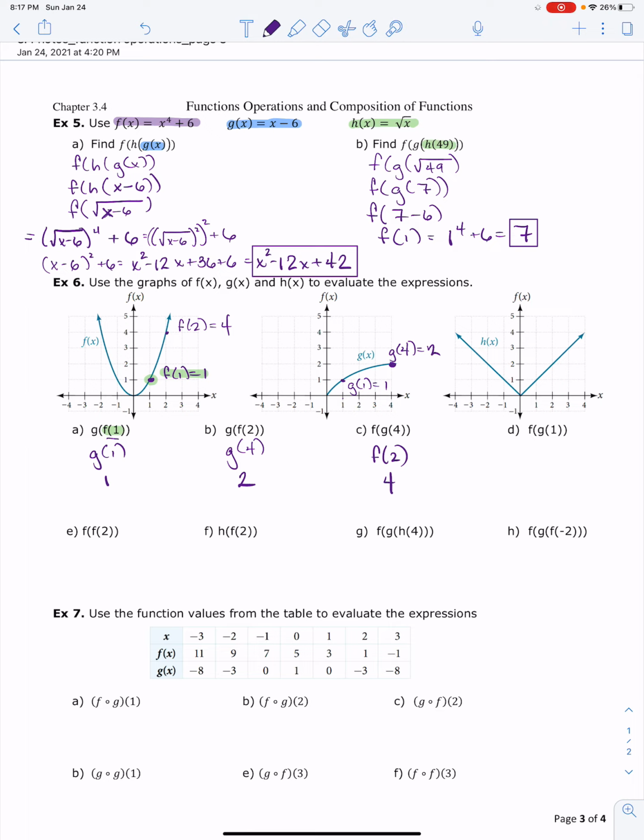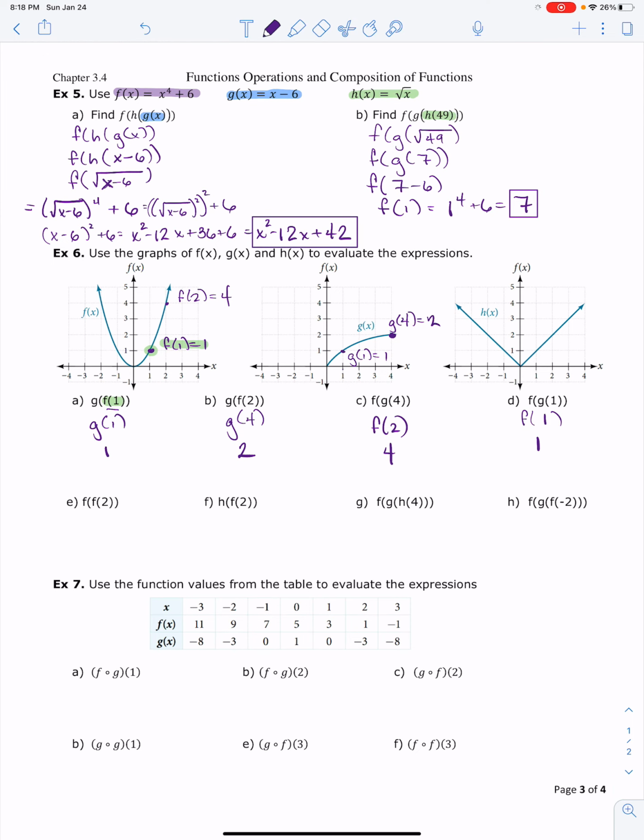It seems reasonable that they would undo each other. D, f of g of 1. We know from looking at our middle graph that g of 1 is 1. We know from looking at our first graph that f of 1 is 1. So again, it looks like f and g undo each other.